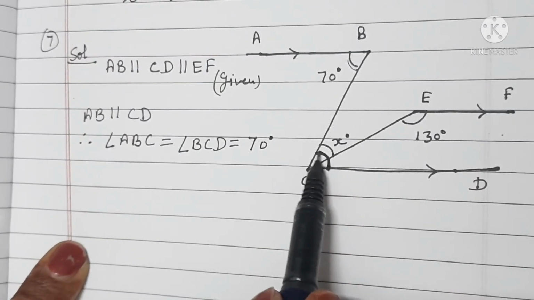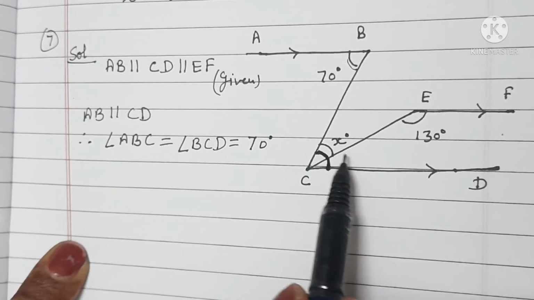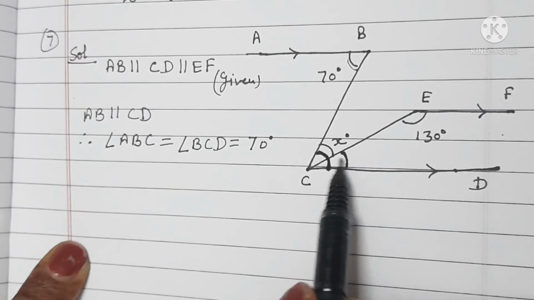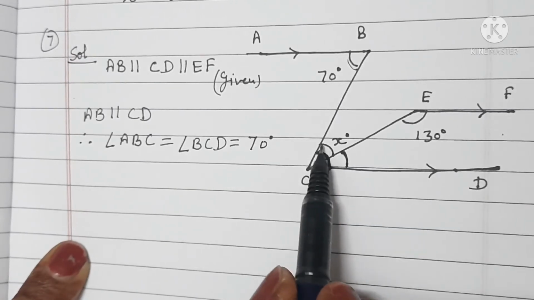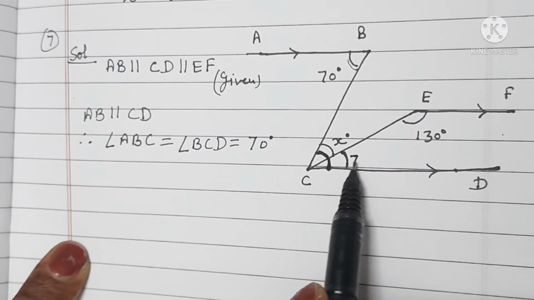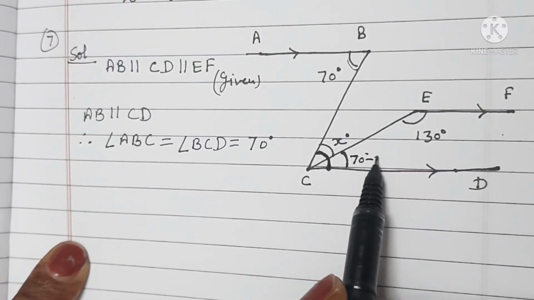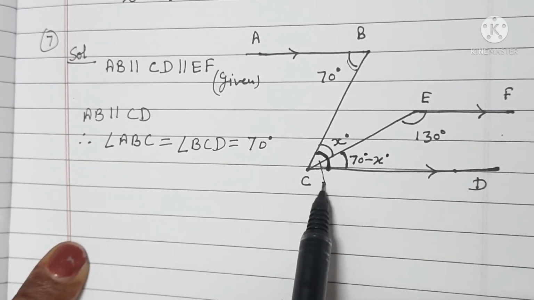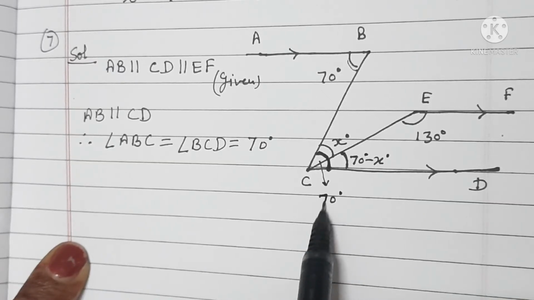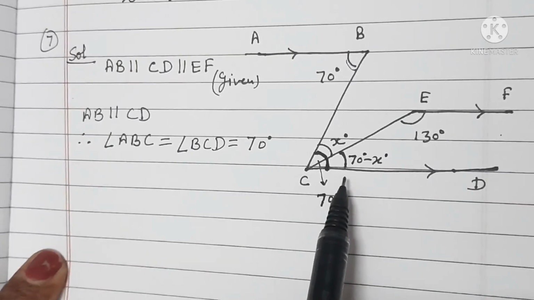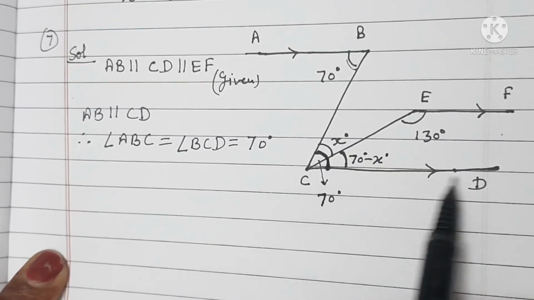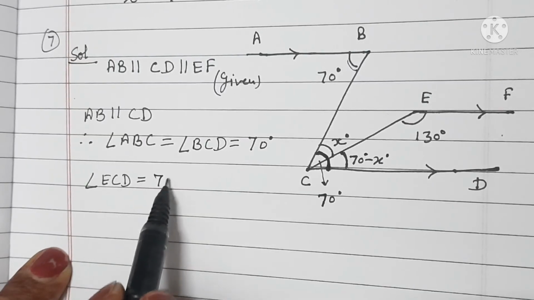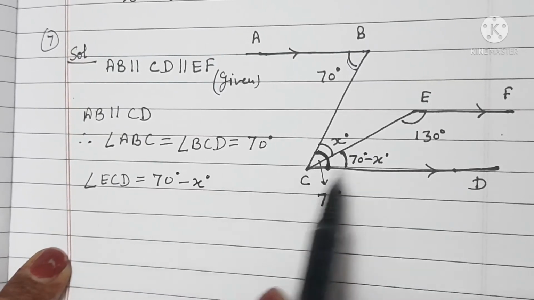This complete angle is 70 degree, and if you want to get only this part, this becomes 70 minus X. So you can write it 70 degree minus X degree, because this angle is 70 degree. So write angle ECD is equal to 70 degree minus X degree.